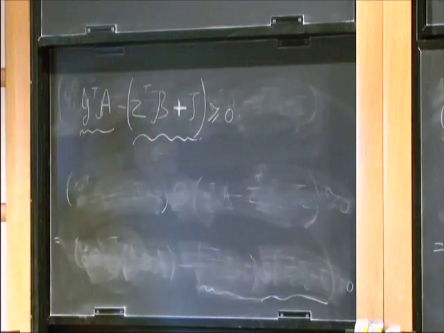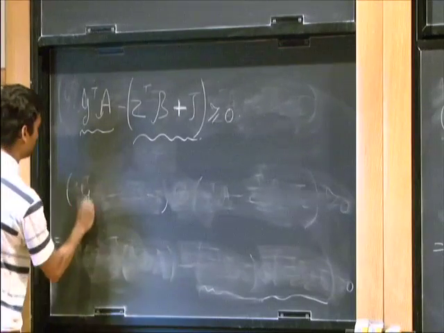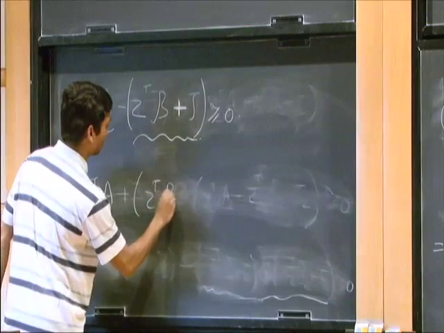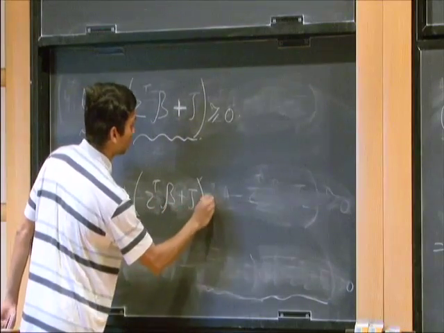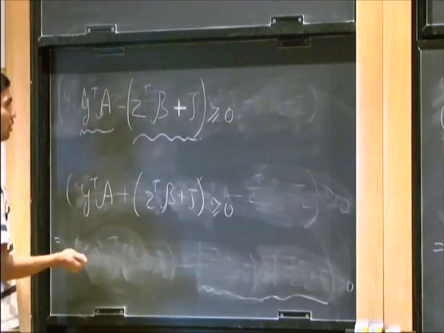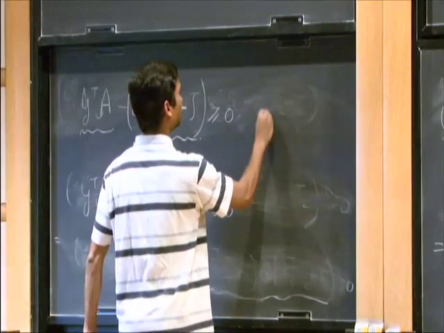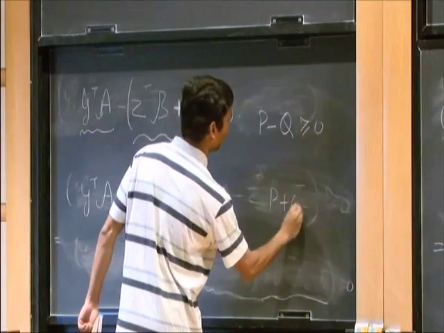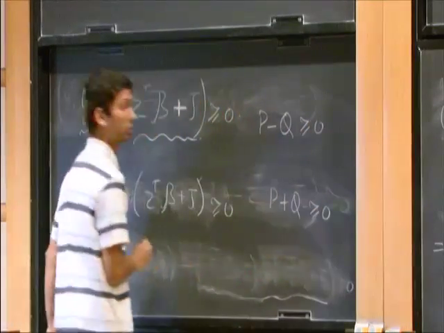If I consider this matrix, you can say that there are two matrices, P minus Q. We are given that this is true, and we want to prove this is true.